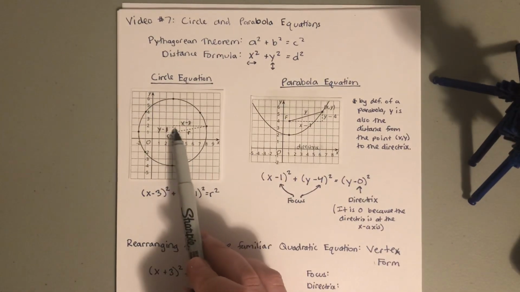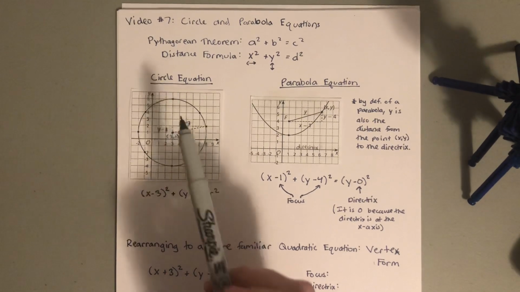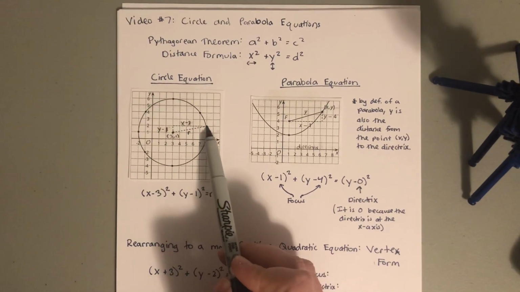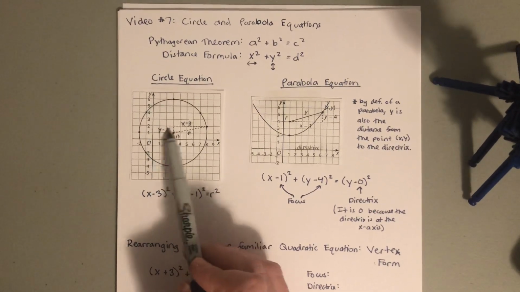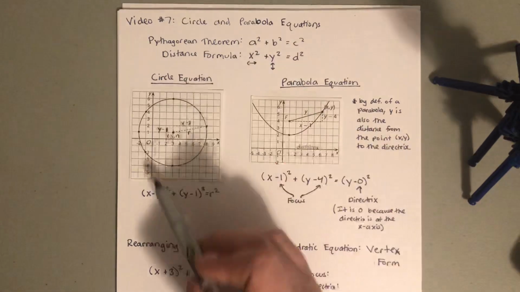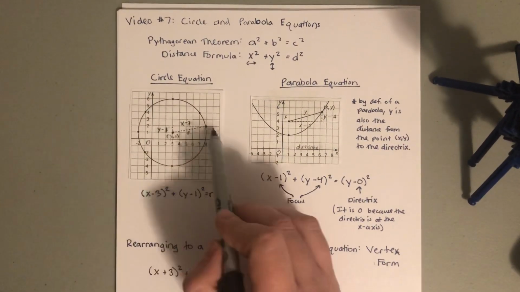The left to right distance between this point and this point is going to be the x-coordinate of this point subtracting out these 3. So that's where we get x minus 3 squared for the left to right distance.